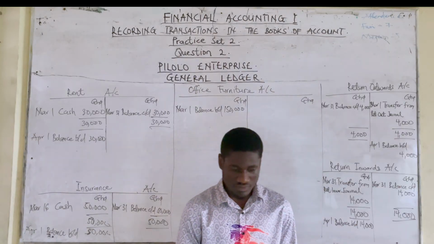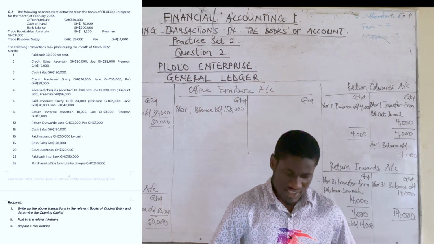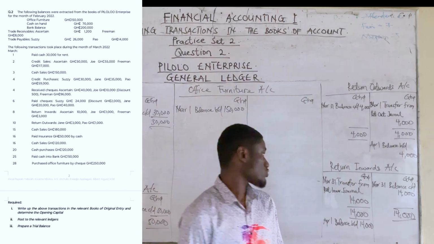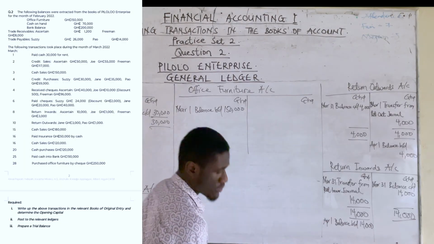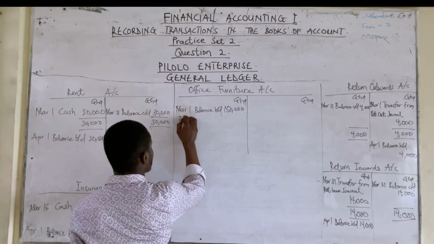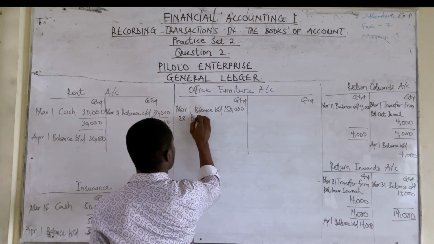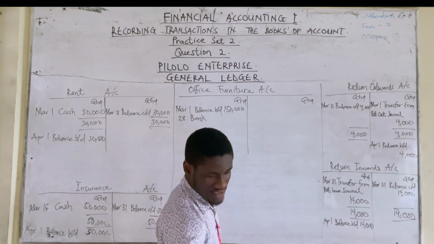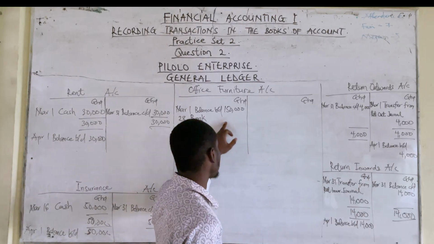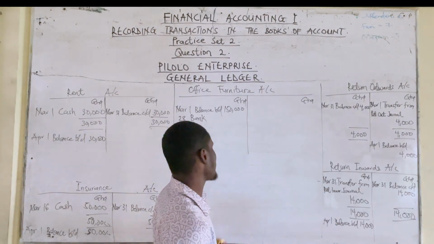And let's check for any other. It says purchase office furniture by cheque. So that means our furniture increased, and the date was March 28th. Okay. So by cheque, bank. There was an additional amount of 250,000 added to the 150,000 office furniture we already have.